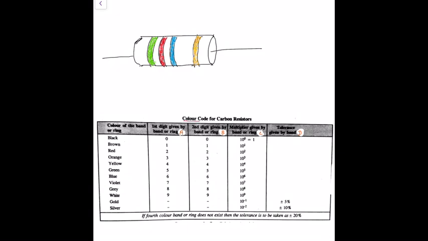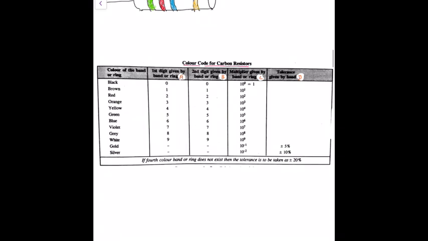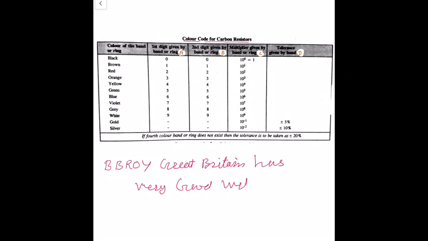Here is the table of color codes for carbon resistors. The color code can be remembered by the following sentence: B.B. Roy of Great Britain has a very good wife wearing gold, silver necklace.